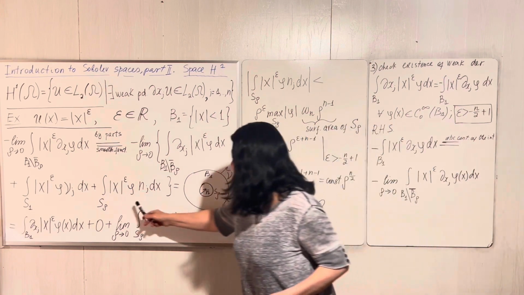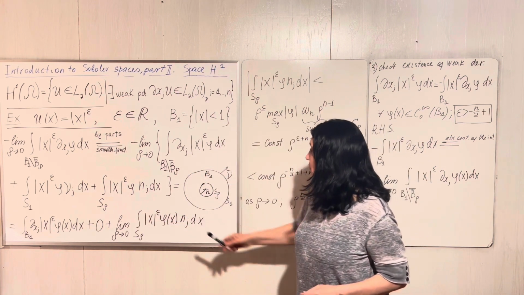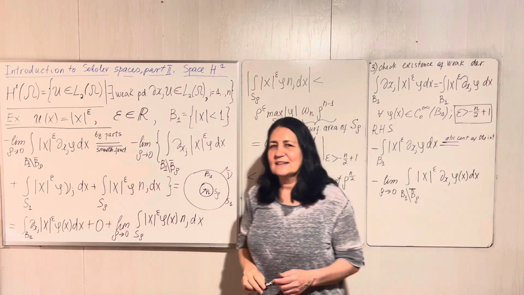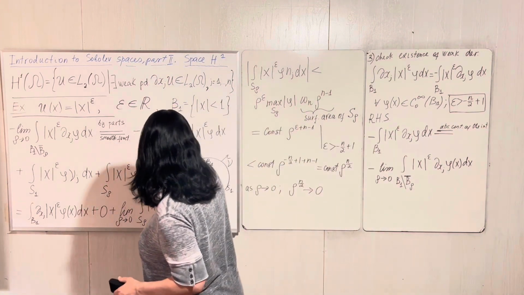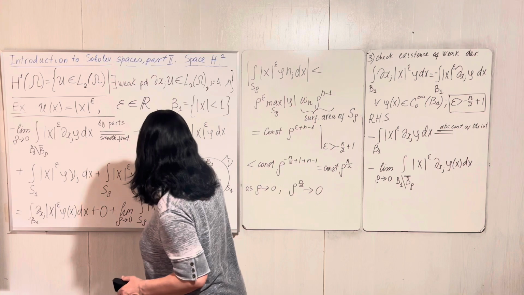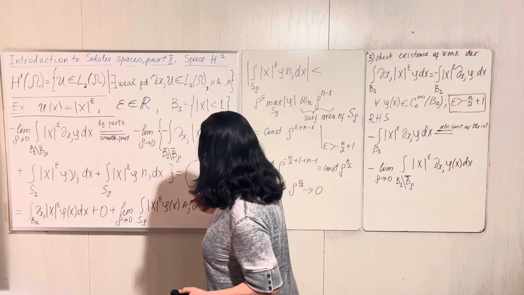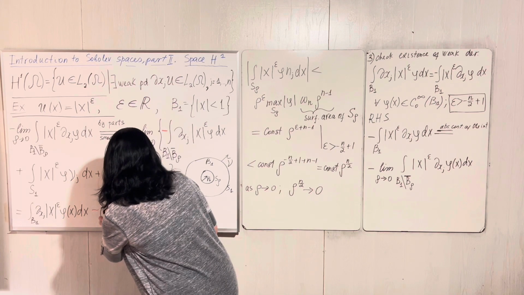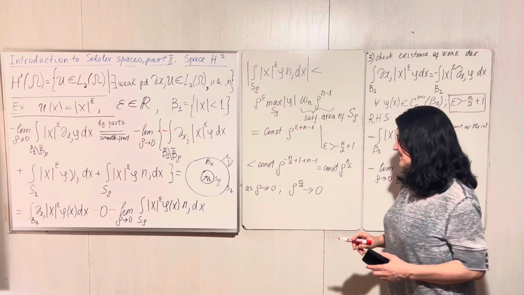So we have shown that this integral also goes to 0, and finally we have shown that this formula indeed holds. This finishes the proof, and I need to make a few minor corrections. Here I forgot the minus sign for integration by parts, so here it is correct. And then if I distribute this minus, then here I will have a minus, and here I will have a minus. Now I hope everything is correct. Thank you.